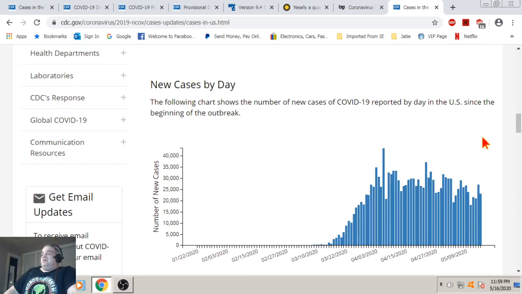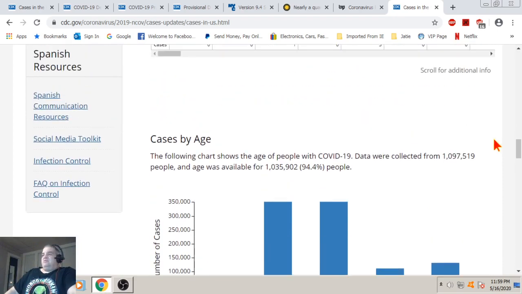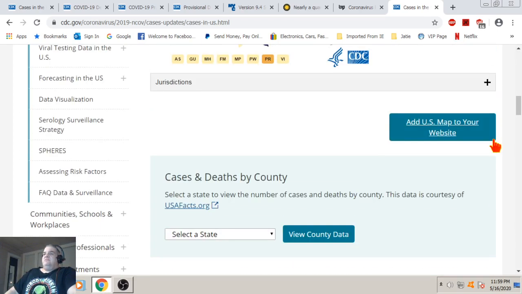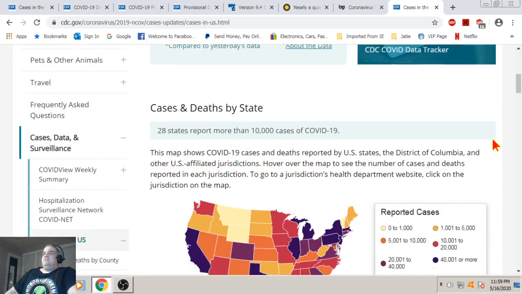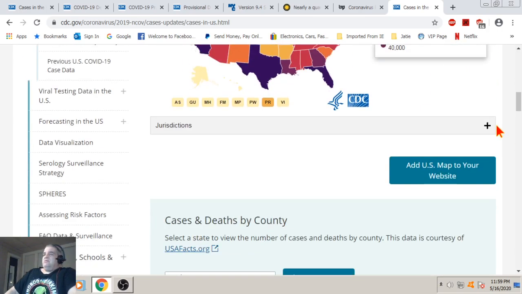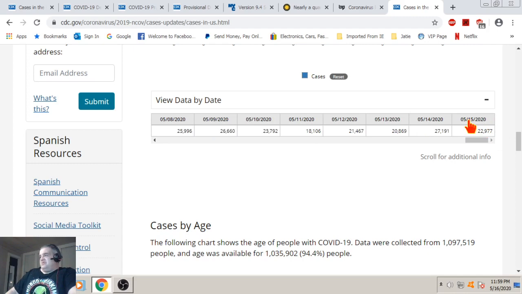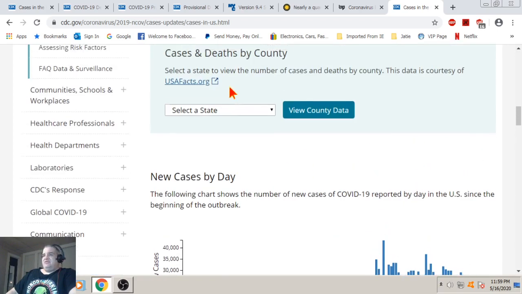So, new cases by days here. But what I did discover, and they still haven't updated, is if you look here, and I don't know why they're doing this, they're updating the cases at the same time they're updating the total deaths, but for some reason, down here, they're not doing it. I went and looked. That's got the 15th view by date, but it's not giving me the full total of cases.